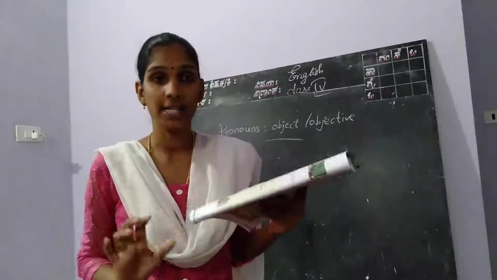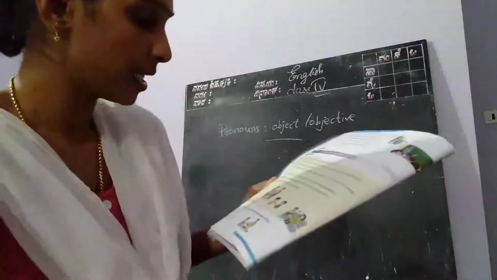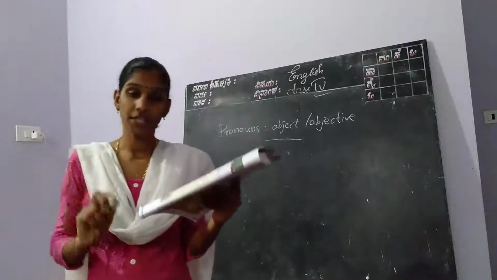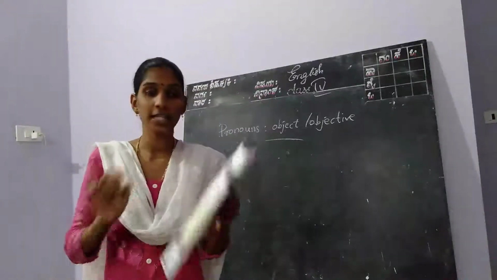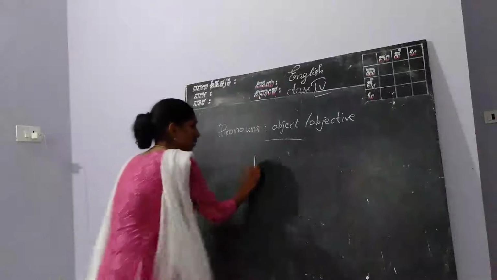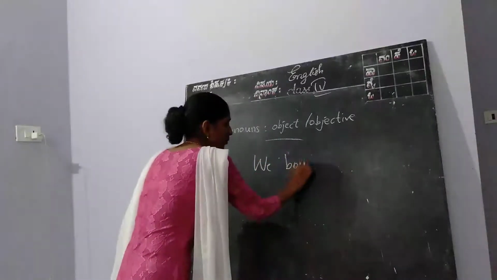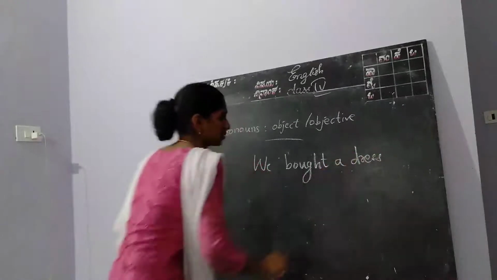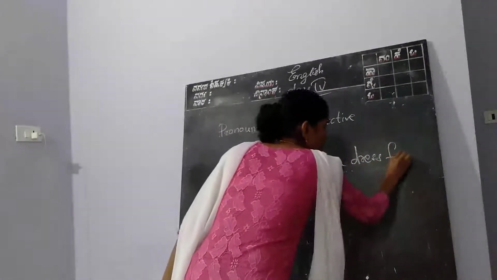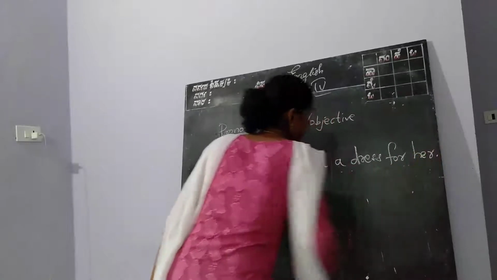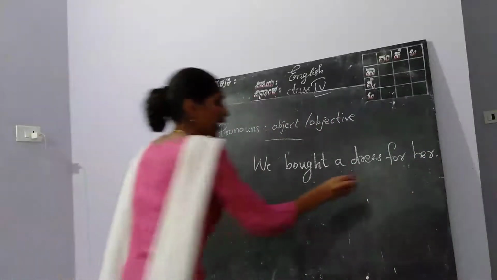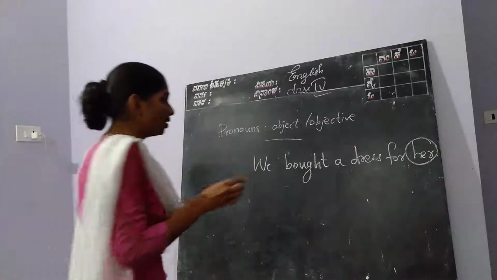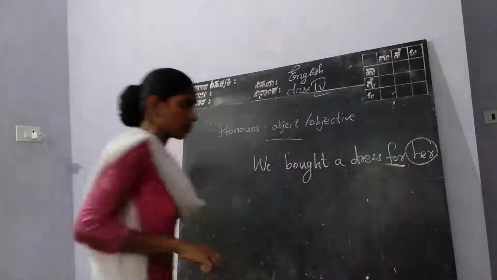Here her is an object pronoun and for is a preposition.